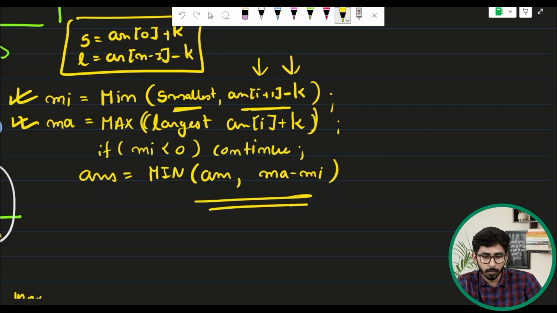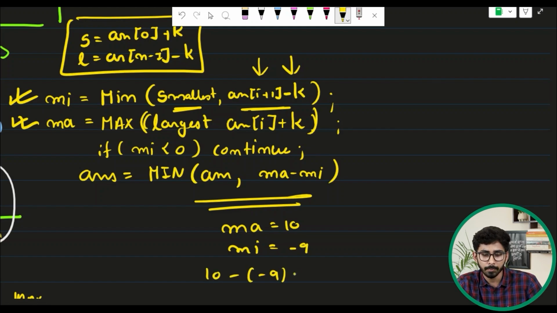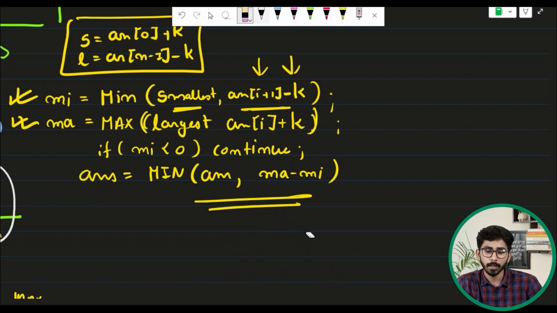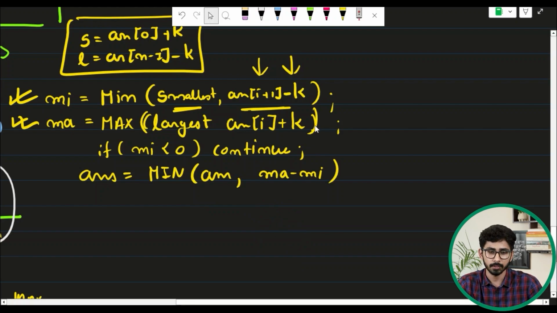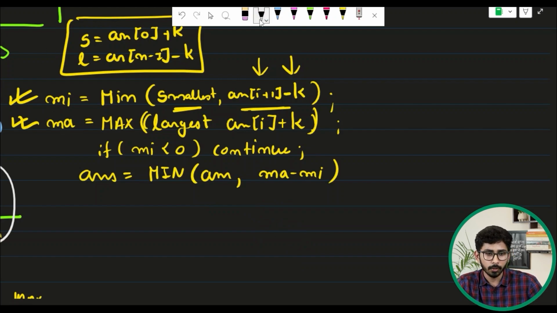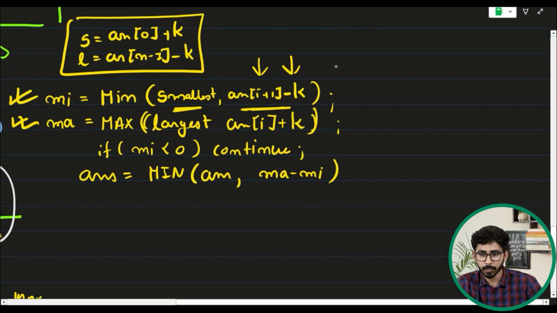Let's say ma was equivalent to 10 and mi is equivalent to minus 9. So 10 minus minus 9 will be 19. It will not be a smaller value. And obviously, according to the question, negative elements are not accepted in the operation, right? So this is the entire algorithm.